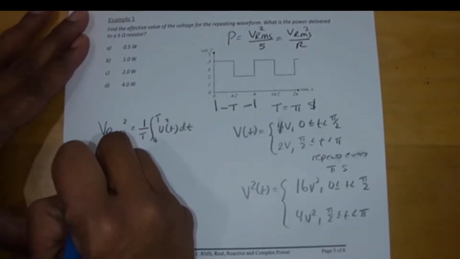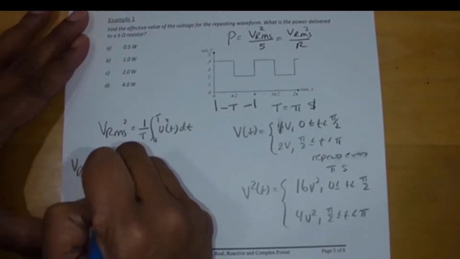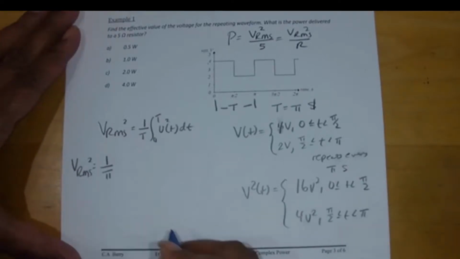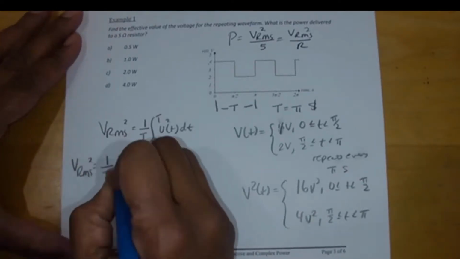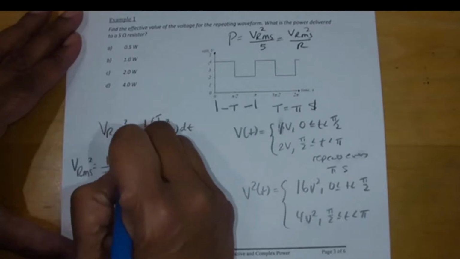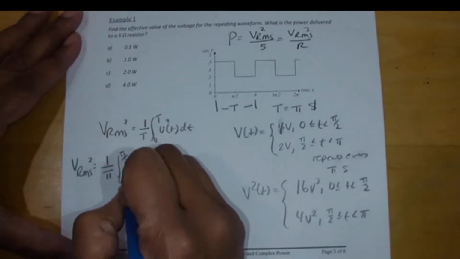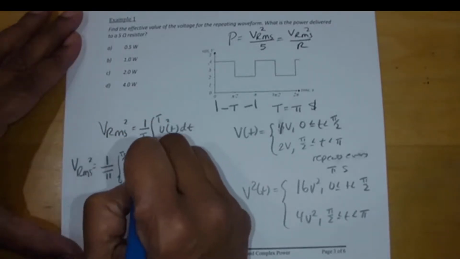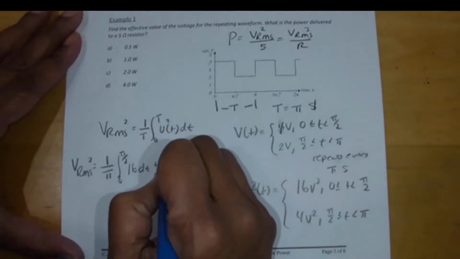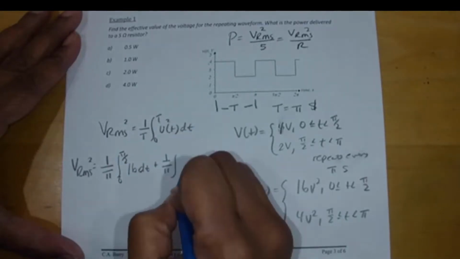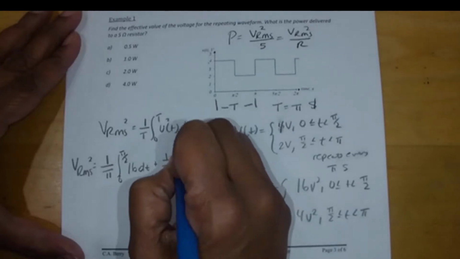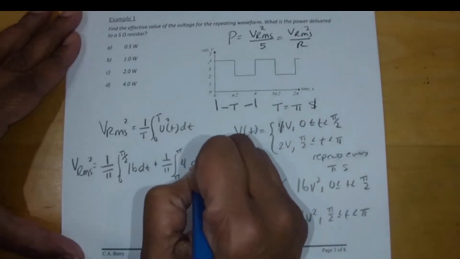VRMS squared is equal to 1 over pi. This is piecewise linear, so I got to do 2 functions. One integral is going to go from 0 to pi over 2, 16 dt, plus 1 over pi, the other one is going to go from pi over 2 to pi, 4 dt.